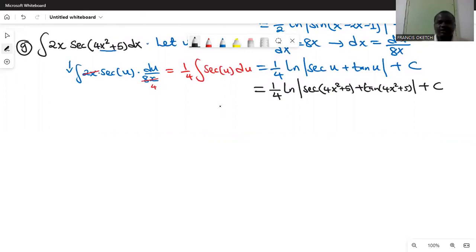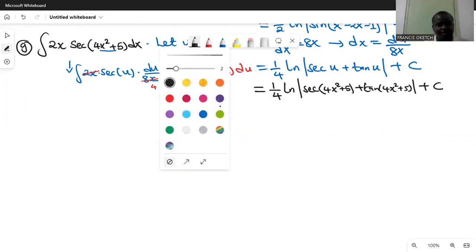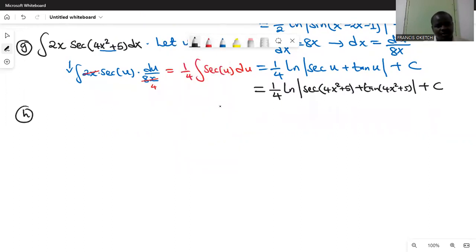The last example is part H. Part H, that is the integral of cosec 2x plus 3 dx. So how do we begin?